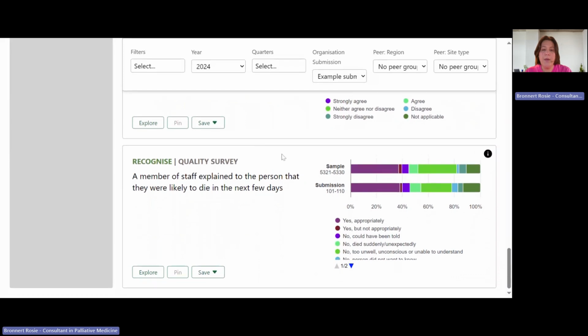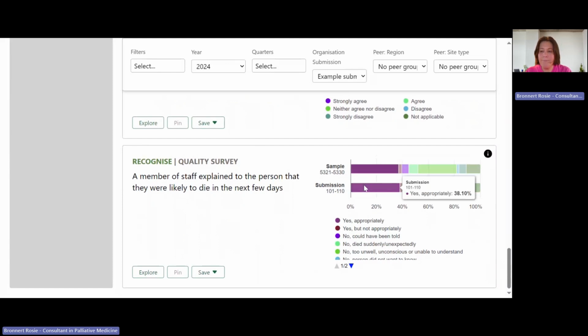And here we're looking at results from the quality survey, where we're asking whether a member of staff explained to the person that they were likely to die in the next few days. And the answers here require you to look at the codes a bit more carefully, because they don't always correspond in the order that I think maybe we would intuitively put them together.